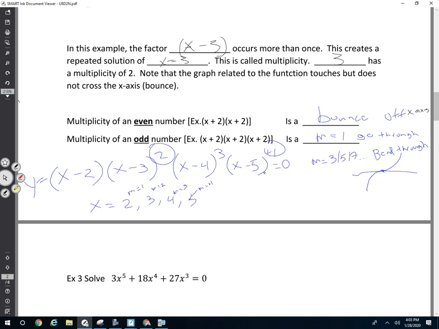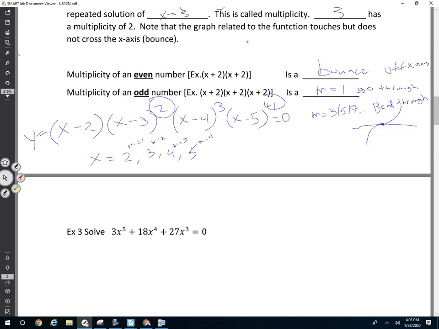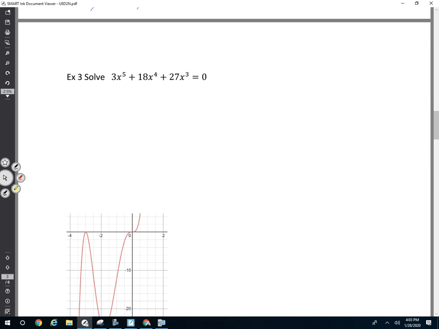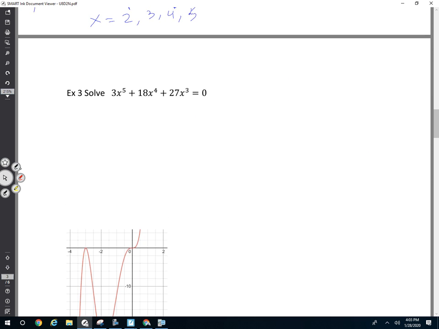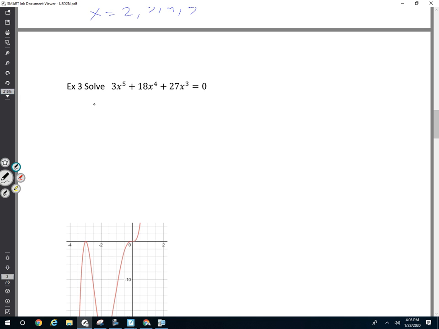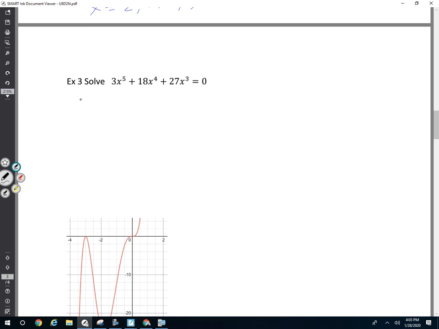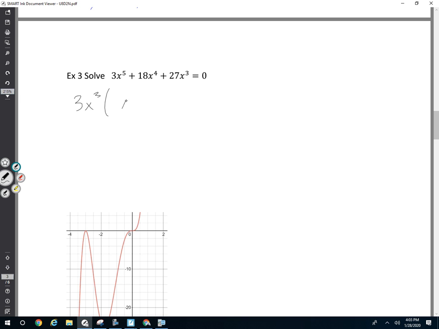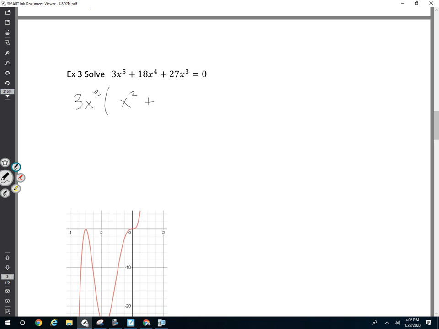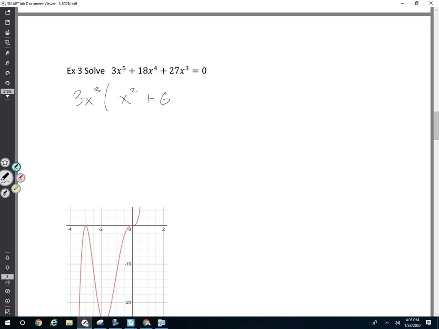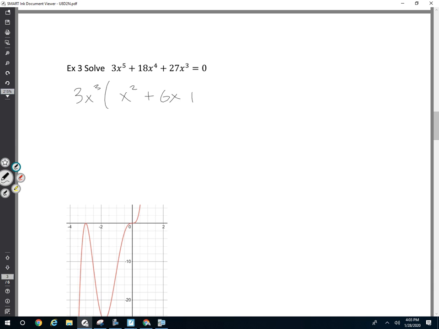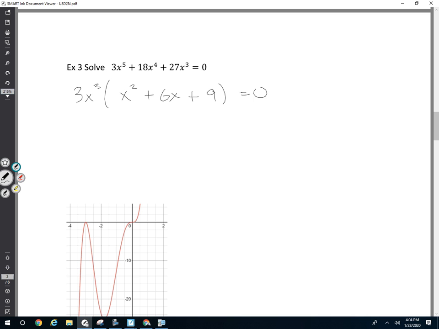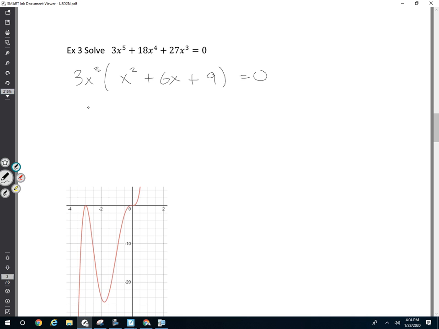Okay? So, ready? You're asked to solve this. It shares a 3x cubed. Great. I got x squared. I got 6x. And I got 9. I got 3x cubed.